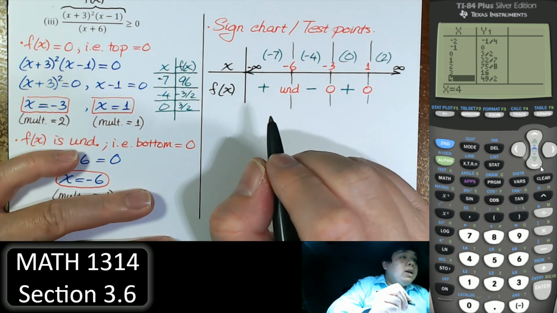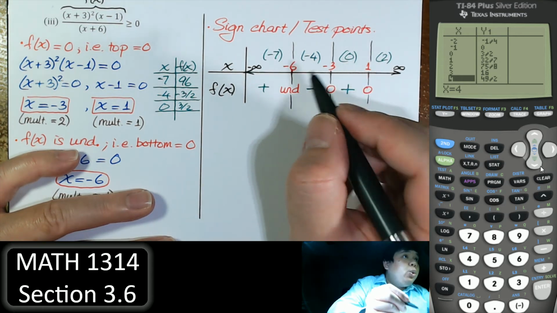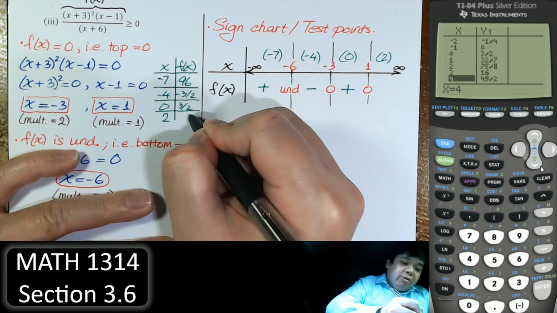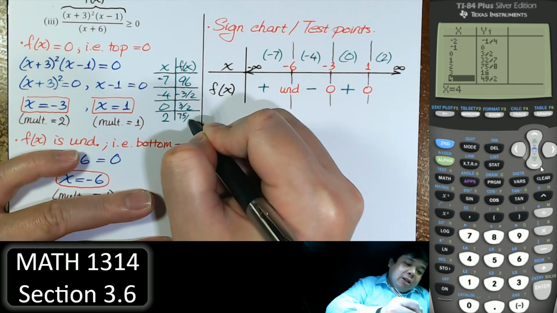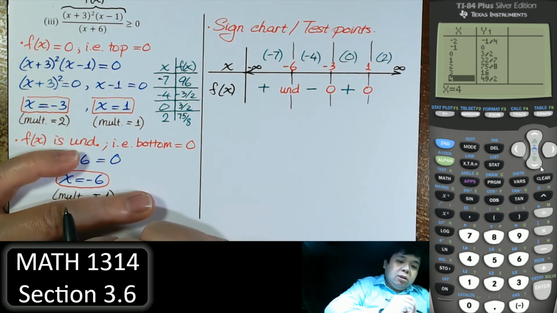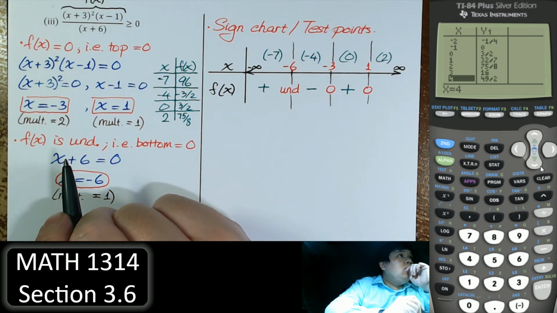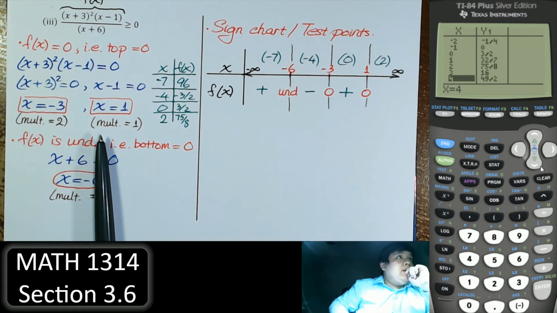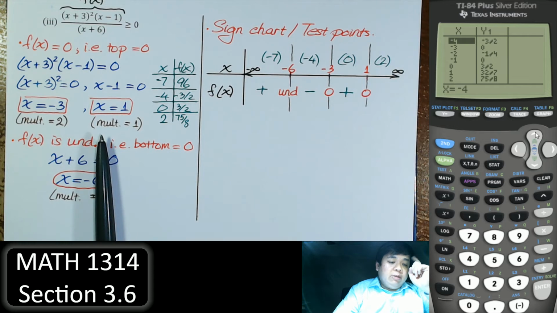Positive. And then 2, 75 over 8. Right. Negative 4 is negative 3 halves.